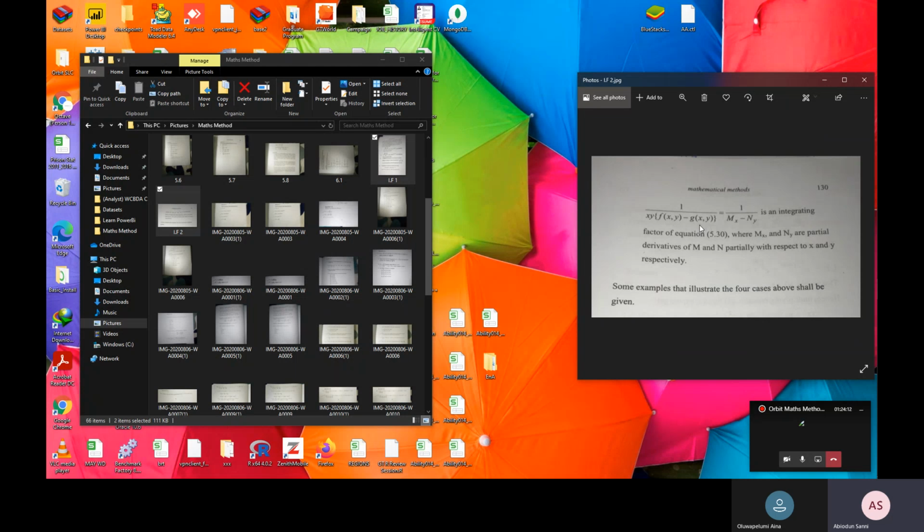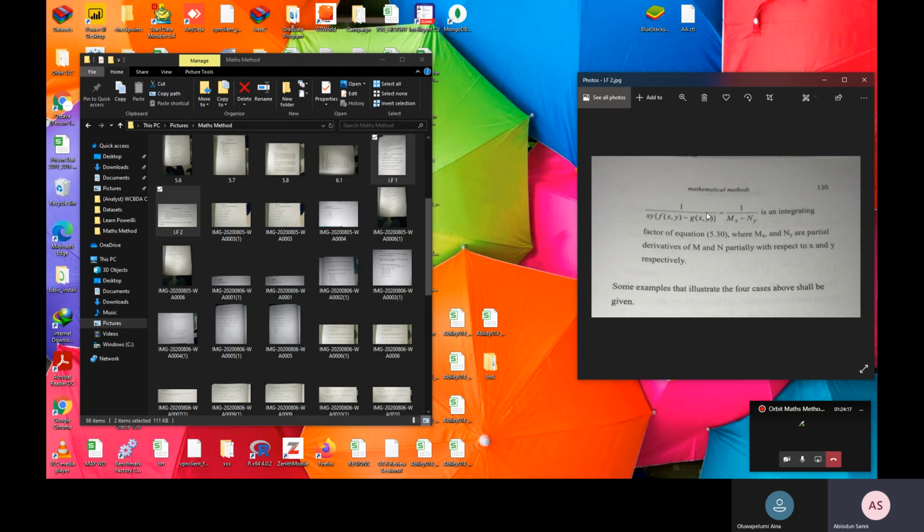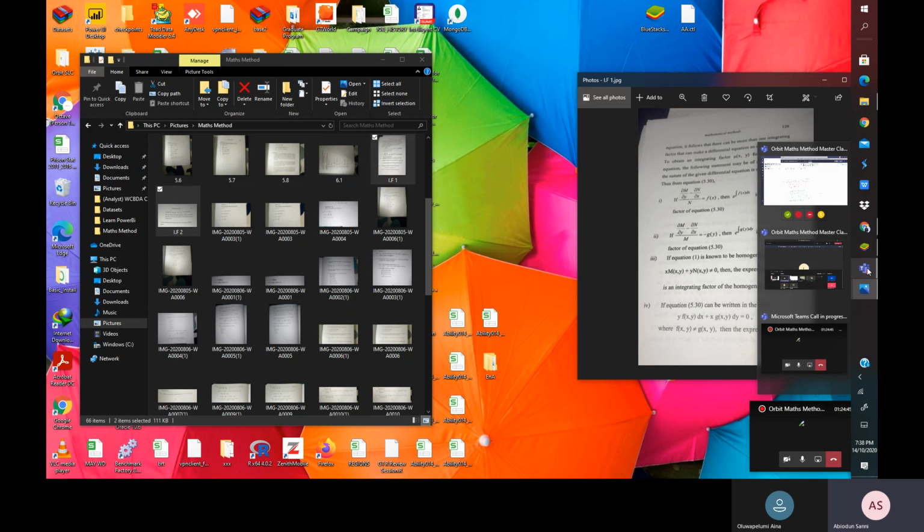That is 1 over Mx minus Ny. So we can also use 1 over Mx minus Ny as our integrating factor. Let's check both of them.